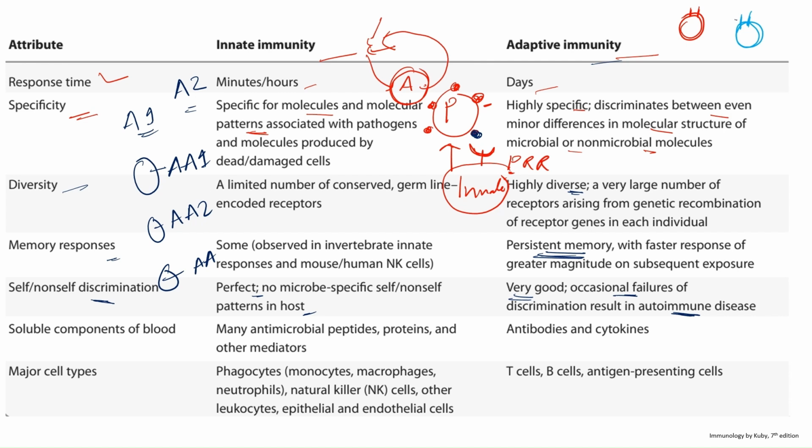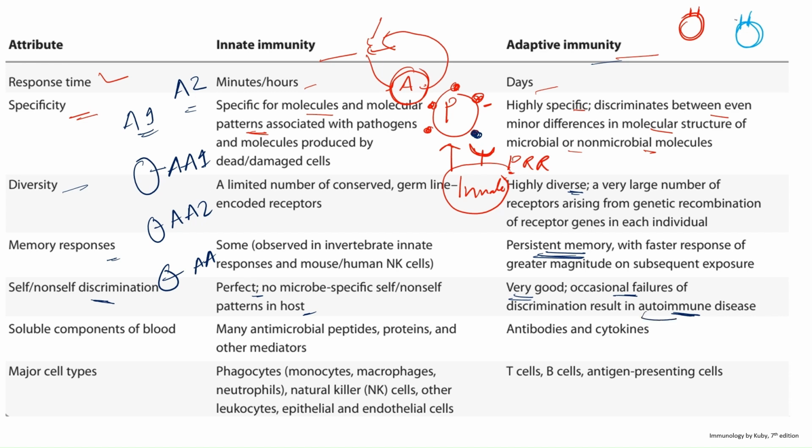But the normal cell is part of our body. So when the adaptive immune system attacks the normal cell, it is harming ourselves, because it is doubting each and every cell with even a very minute molecular structural difference. So that is the cause of autoimmunity.